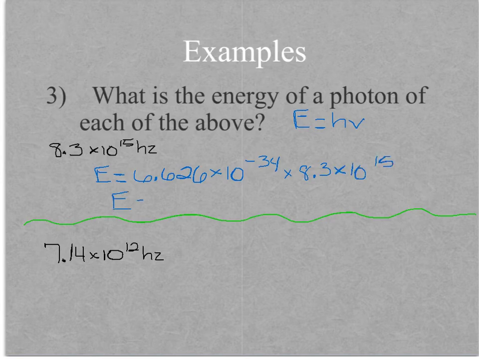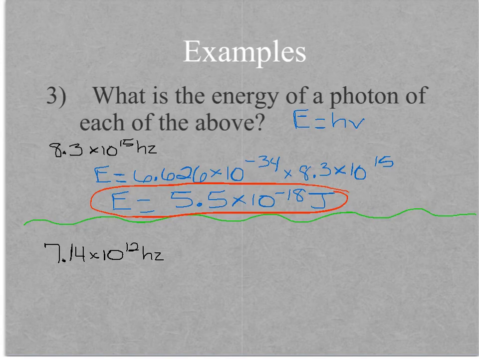We get all that into the calculator. It comes out to 5.5 times 10 to the negative 18th, and the units for that would be joules.